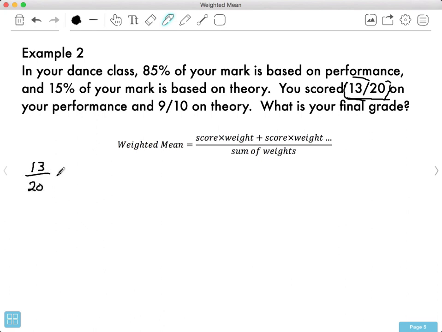So 13 divided by 20 times 100 will turn that into a percent. That's 65%. And then 9 out of 10 times 100 is 90%. You want to work with your scores as percents just so this formula doesn't get too unwieldy when you put it all together. So now the weighted mean for your dance grade is your first score.